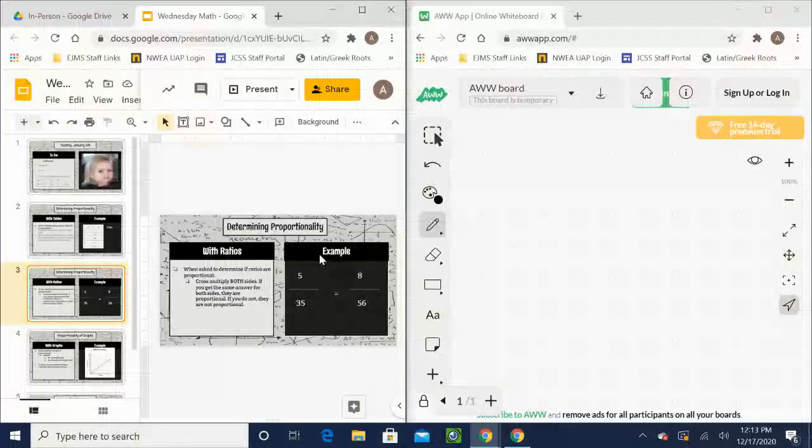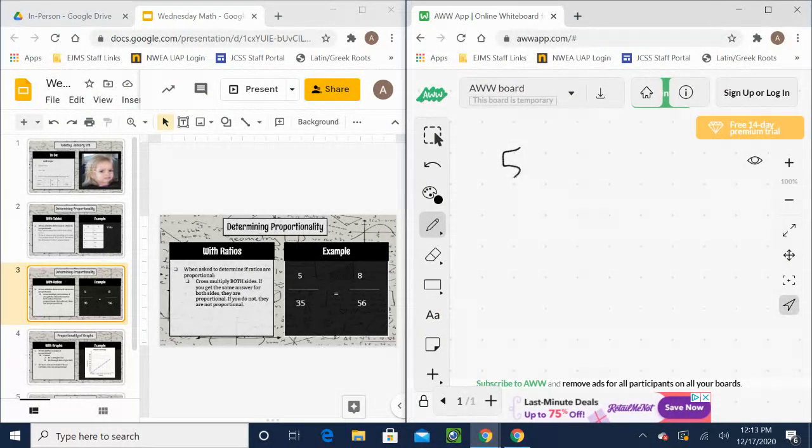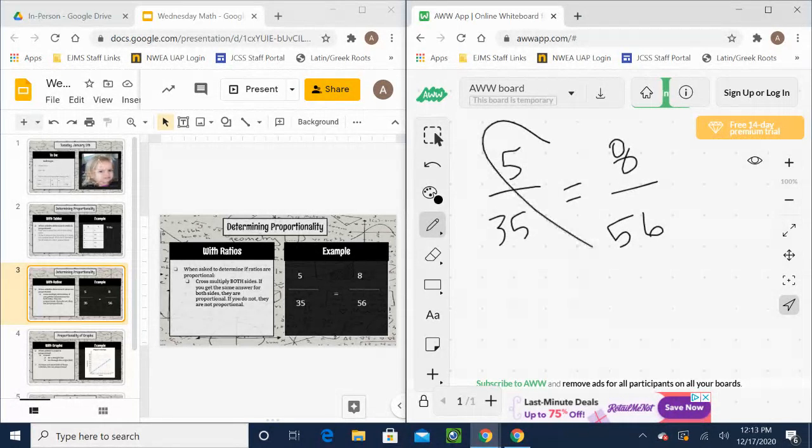So let's test that out with this one, really quick. I've got 5 over 35 equals 8 over 56. When I cross multiply, meaning 5 times 56, I end up getting 280.